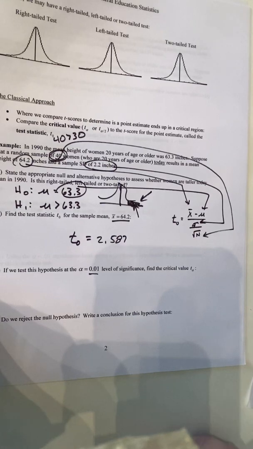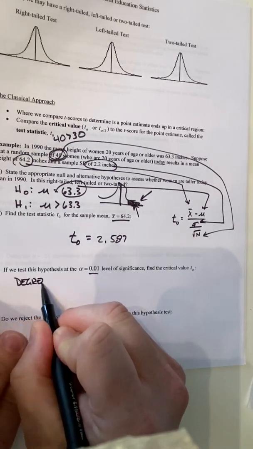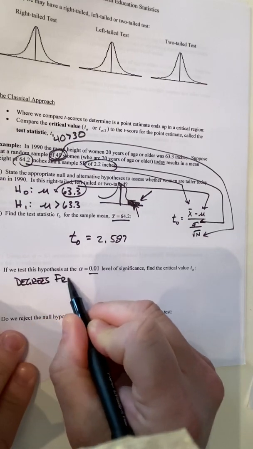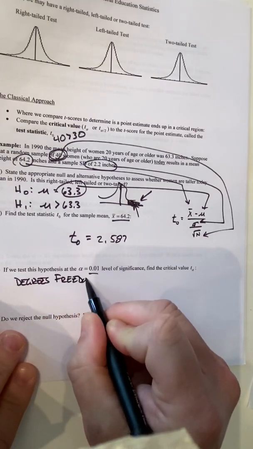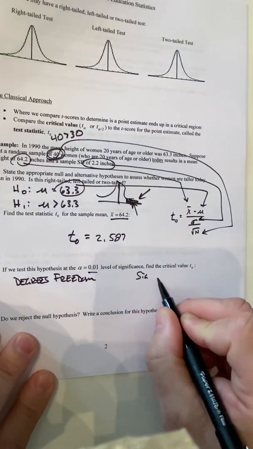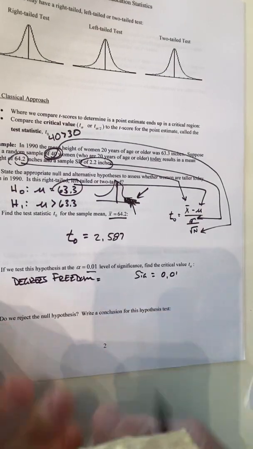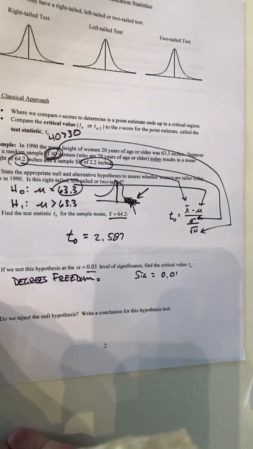The things that I need are the degrees of freedom and the significance level. The significance level was given in the problem, 0.01. But we have to calculate the degrees of freedom. Do you remember how to do that from section 9.2?